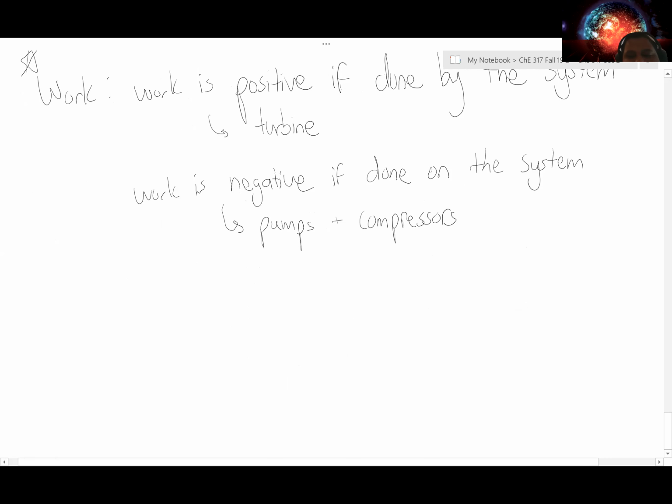And then last but not least, we can touch base on power and how it relates to work. So the power required in terms of energy transfer into a fluid can be noted by the mass flow rate of the fluid times the work that must be done on the fluid or on the system over the efficiency.